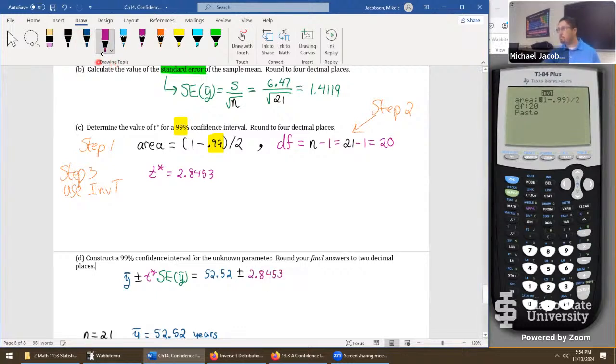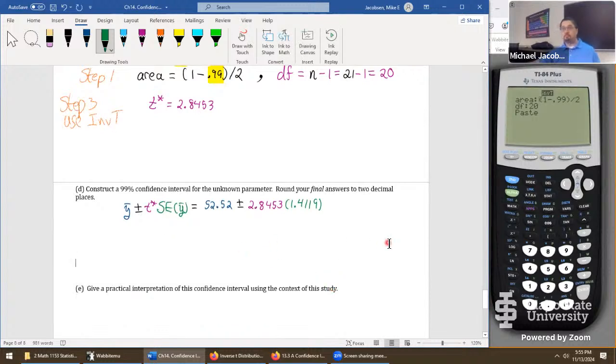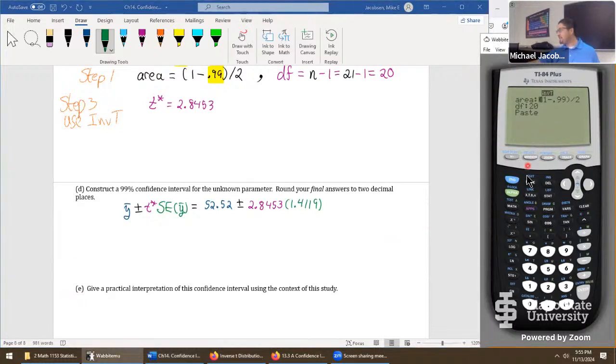Then multiply that thing by the standard error. That one is in two prior steps, 1.4119. We're going for two places when we go to round our final answer, but we'll keep the extra precision that we have before we get to that rounding. I think at this stage, we're done with the summary statistics. And this is just the kind of relaxing phase.